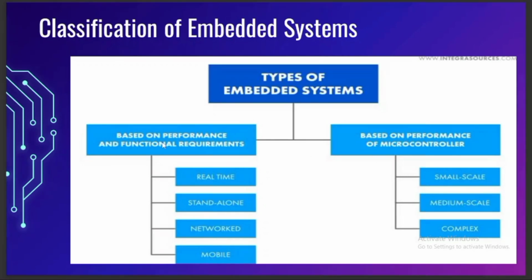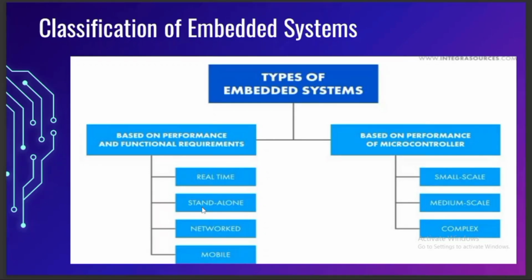Coming to the classification based on performance and functional requirements, embedded systems are classified into four types: real time, standalone, networked, and mobile. Real time embedded systems are designed to perform a specific task within a time frame. Then the standalone embedded systems. Standalone embedded systems work by receiving the input without using any host system for the desired output.